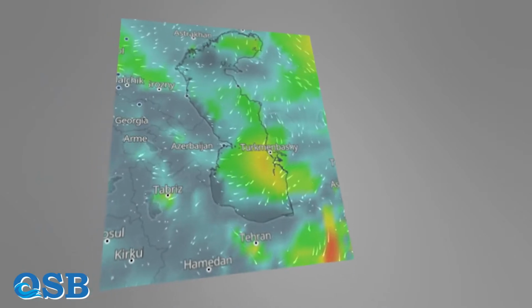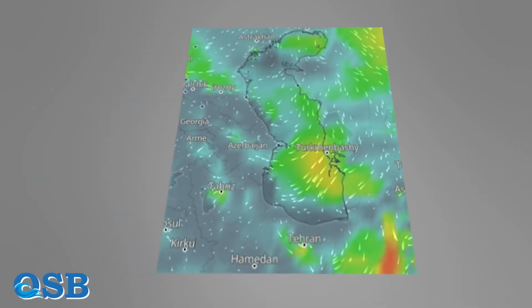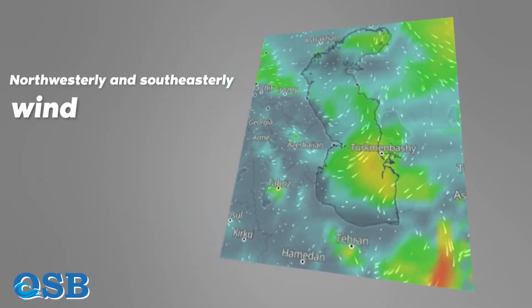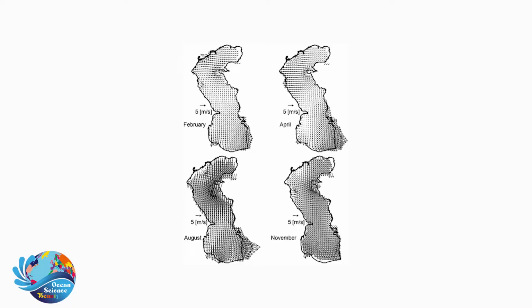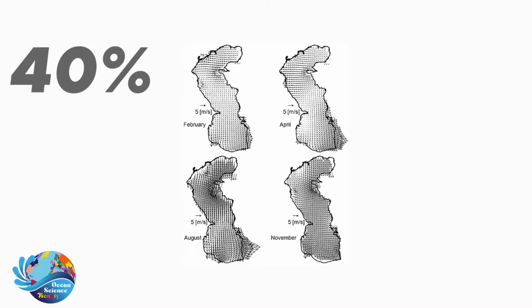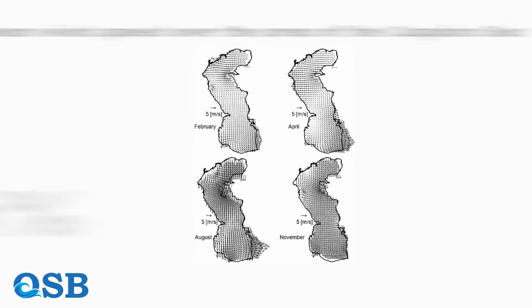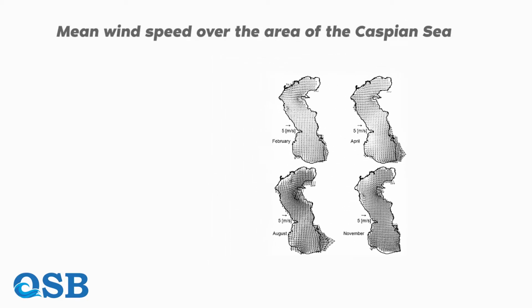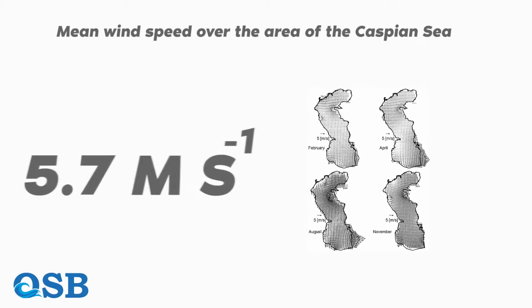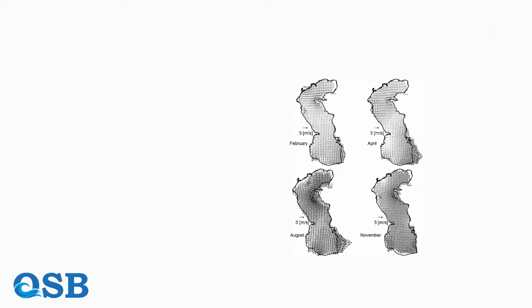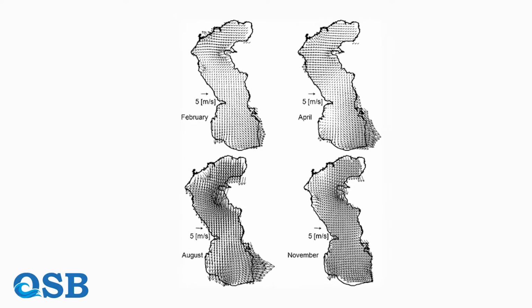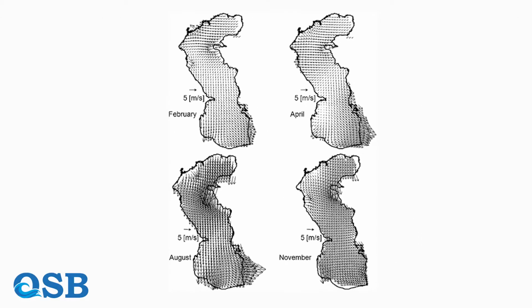Most of the year, two winds are the most dominant in the Caspian Sea, northwesterly and southeasterly wind. The estimation shows that 40% of the wind each year is northwesterly, while the southeasterly wind occurs at 36%. In general, the mean annual wind speed over the area of the Caspian Sea is 5.7 meters per second, while near the Absheron Sill, the mean speed is higher than in other parts.